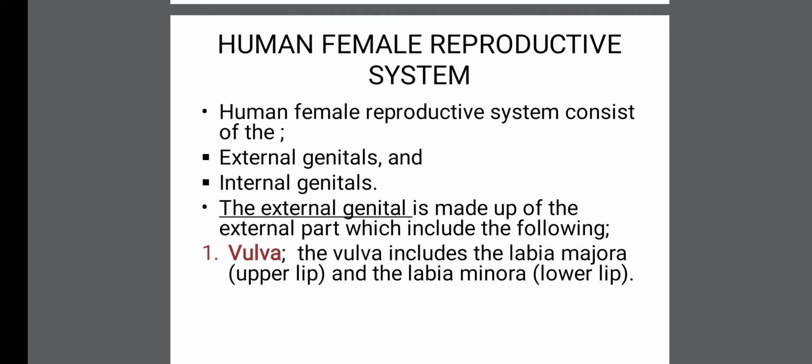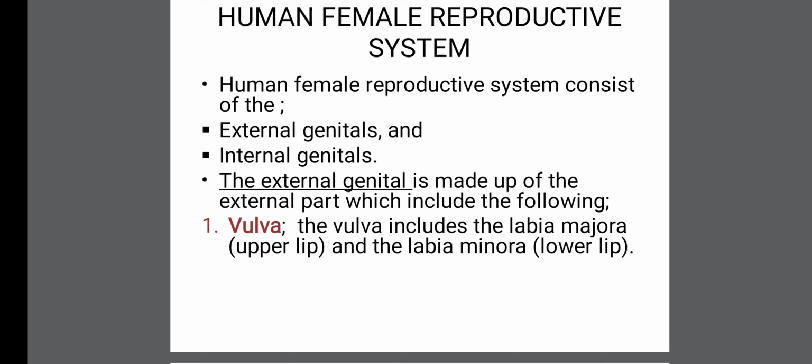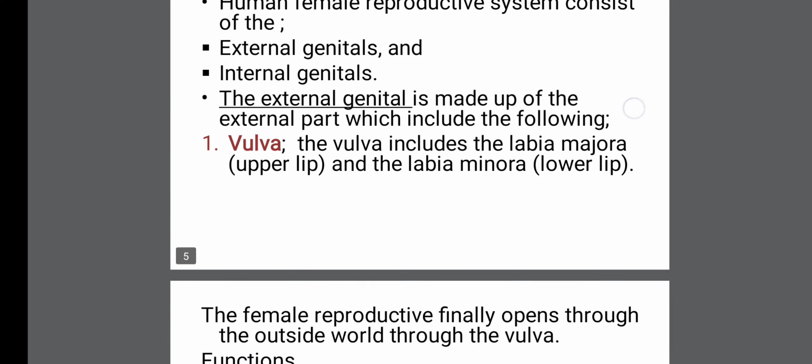First of all, the external genitals is that part which is usually visible below the pants, and they include the vulva. The vulva includes the labia majora and the labia minora. The labia majora and the labia minora are the two lips that actually protect or close the vagina.